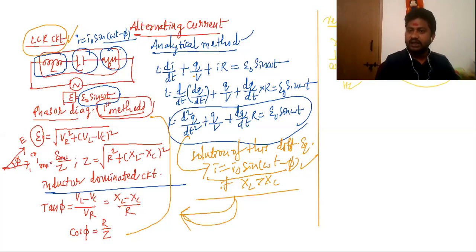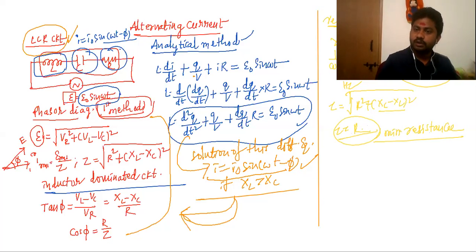In resonance condition, we have Z is equal to square root R square plus XC minus XL whole square, right? So where XC is equal to XL, then you have Z is equal to R. Which is the minimum resistance in LCR circuit. Minimum resistance in LCR circuit is possible when Z is equal to R, so that is possible when XC is equal to XL.